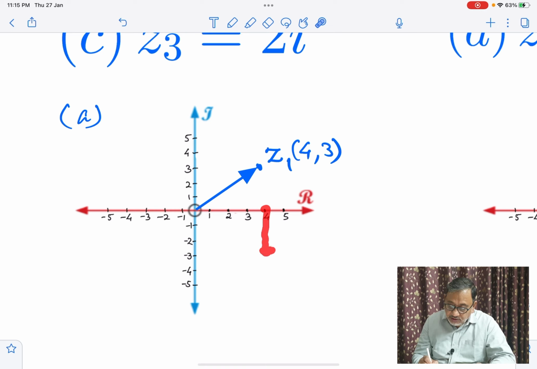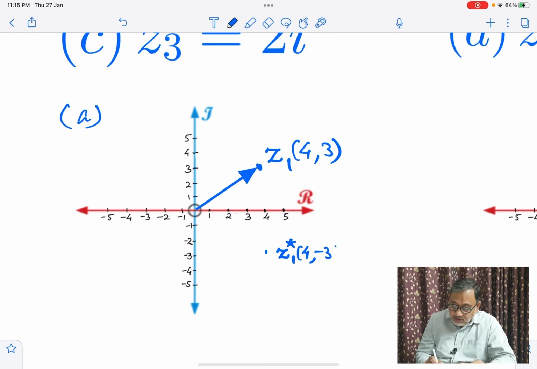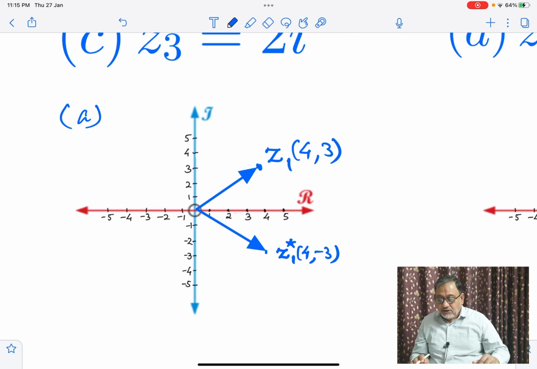So here will be that complex number Z1 conjugate, which will be represented by 4 comma minus 3. Okay. And it will be shown by this arrow. Yeah. So I hope it is clear to you, the first part.